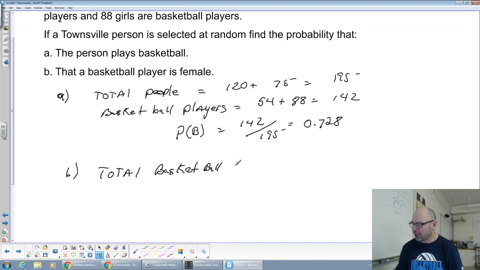Because it says that a basketball player is female, so they're just looking at the total number of basketball players, not the total number of people in the town. So the total number of basketball players is our bottom. That was 88 plus 54, and that was 142.